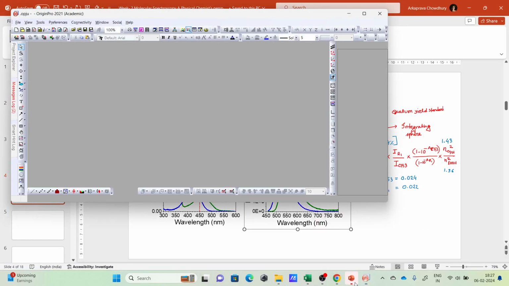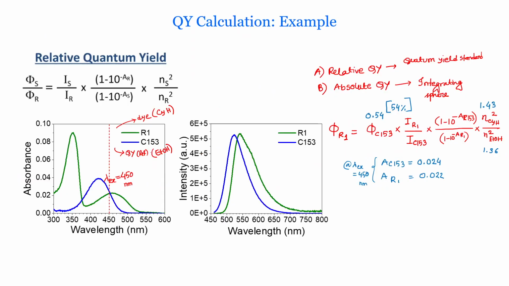We'll go to our presentation file and we'll write it here. So I of R1 is whatever we have got, 50744482.8.